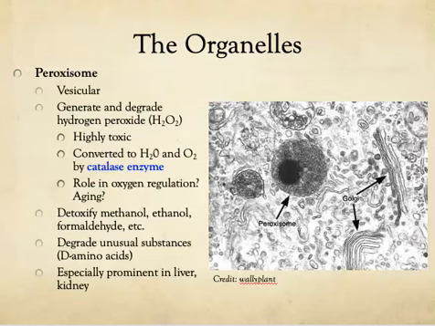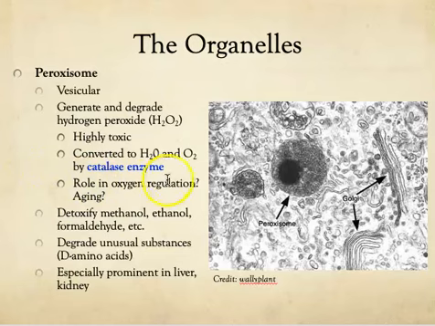Peroxisomes got their name because they are capable of degrading a molecule called hydrogen peroxide. Peroxisomes can actually create or generate hydrogen peroxide as well. Hydrogen peroxide is toxic to living things.